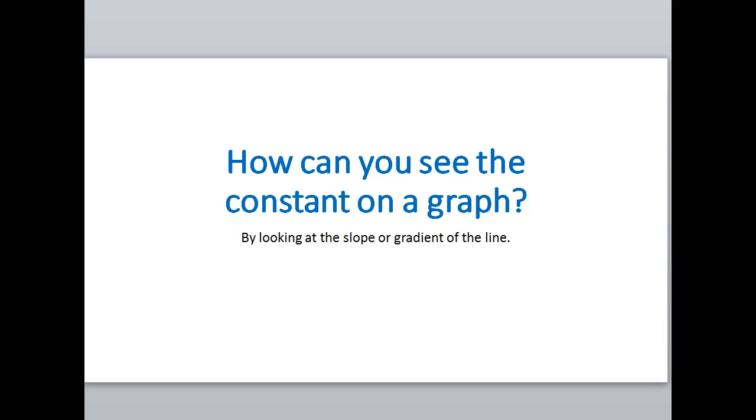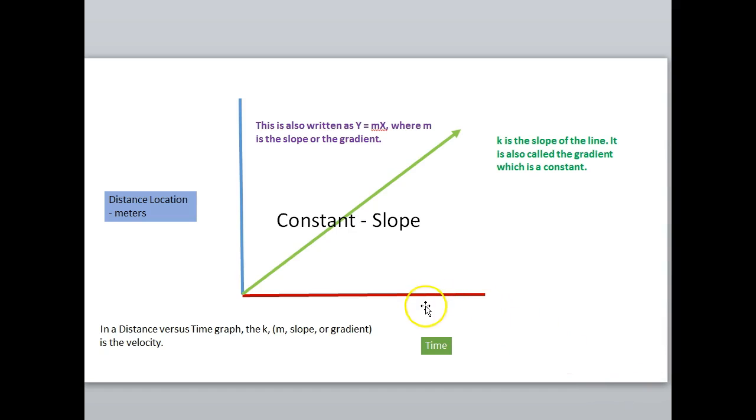Now, how can we see a constant in a graph? By looking at the slope or the gradient of a line. For example, here we have a distance time graph, and in this distance time graph we have this constant which is the slope.